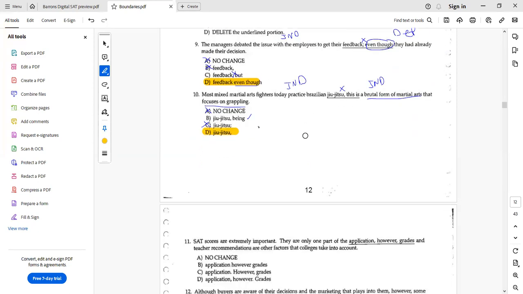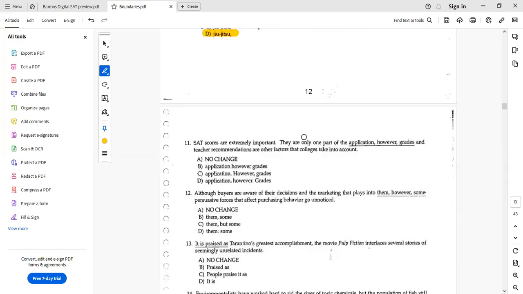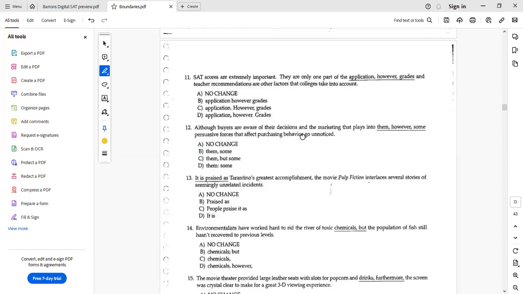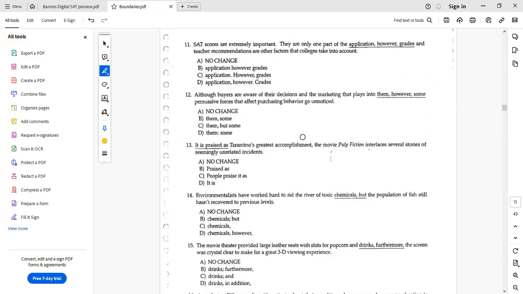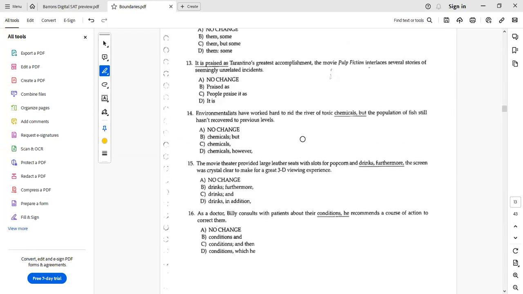Okay. Page 13 in this file is homework. Let me write it. Homework, page 13.